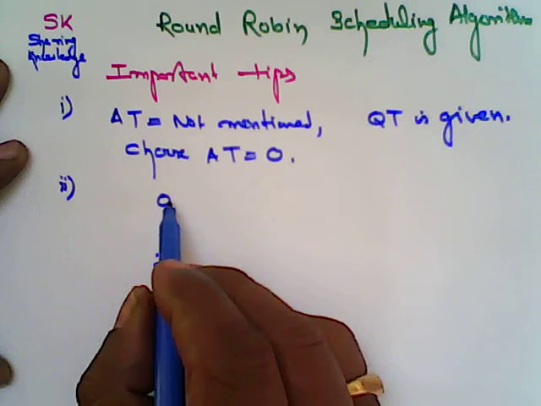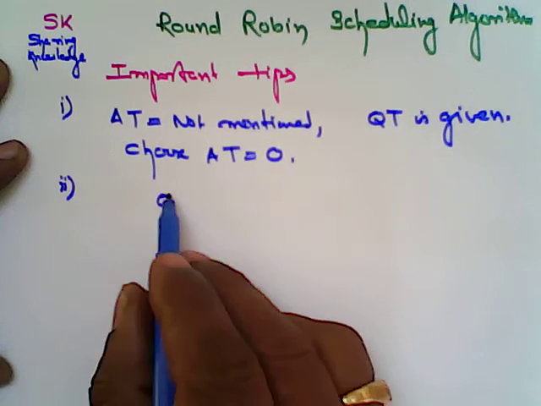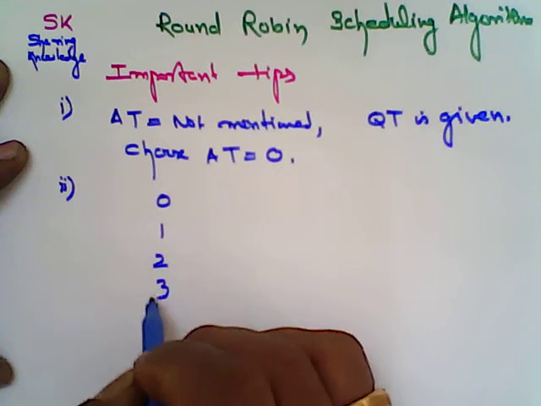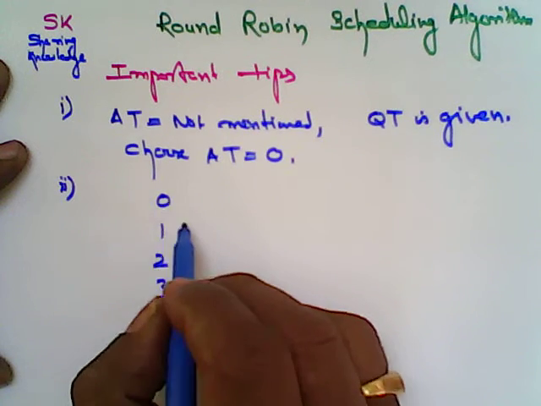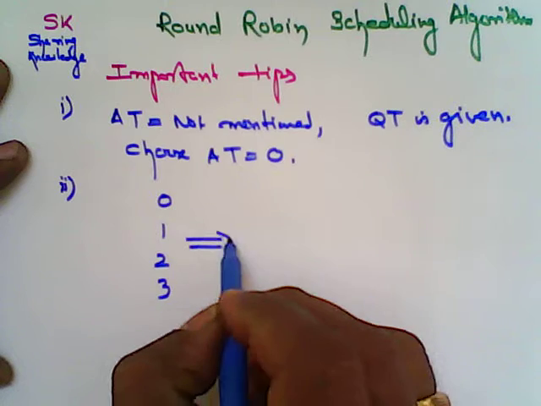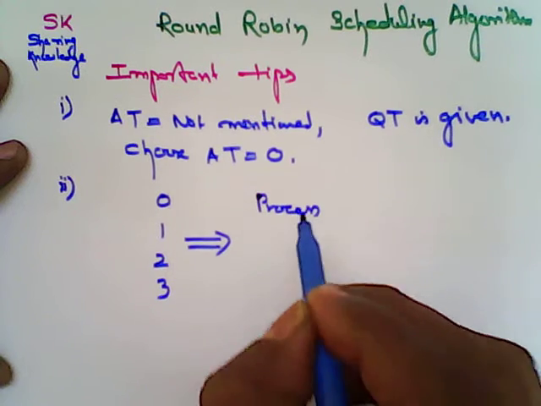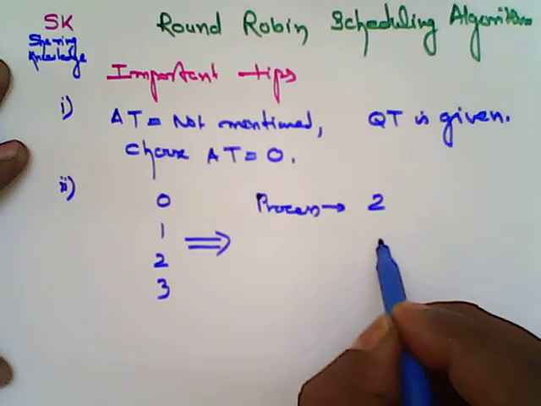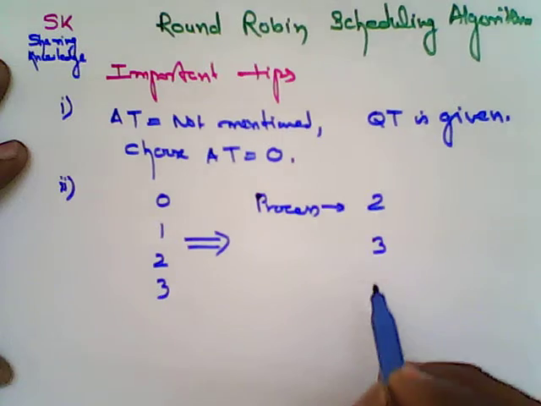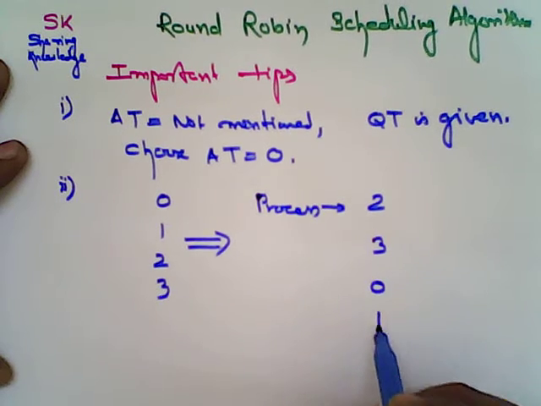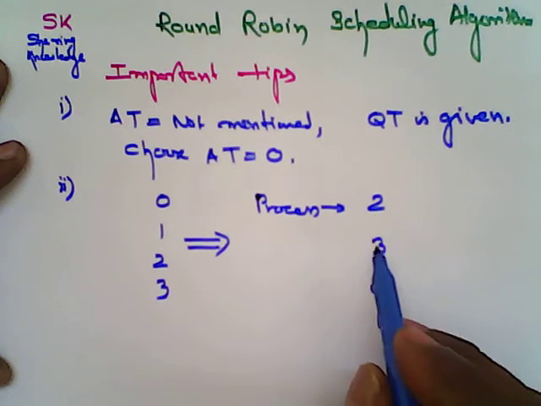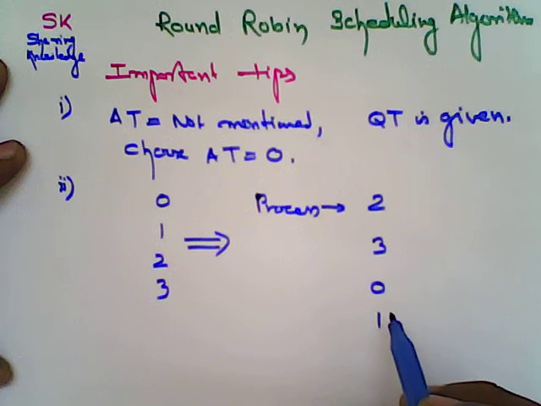But instead the processes are put in a random order, for example 2, 3, 0, 1. If the process order is like this, then what will you do?